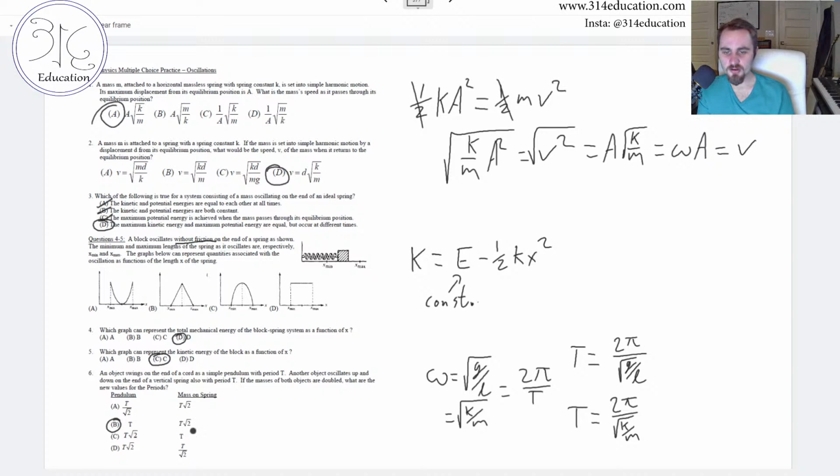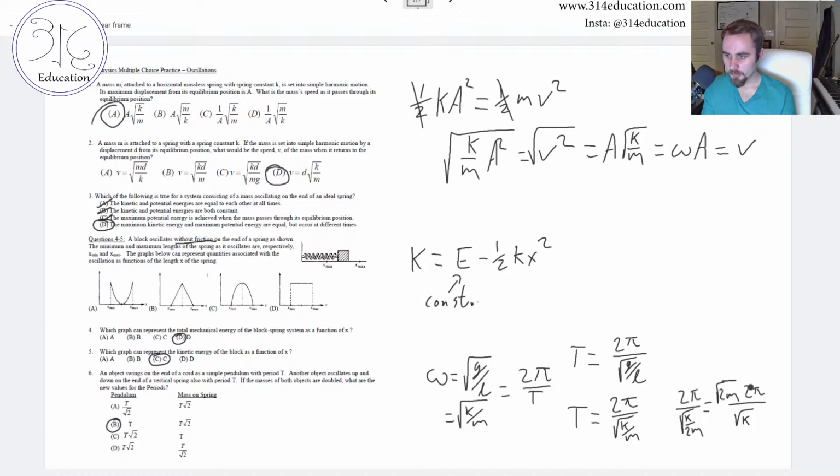We might as well check that the mass on the spring is correct. So let's see what happens when we multiply this by 2. We'll write a new version. We have 2 pi over root k over 2m.